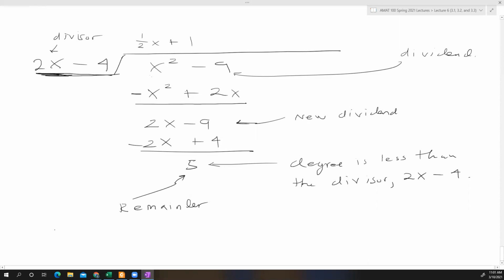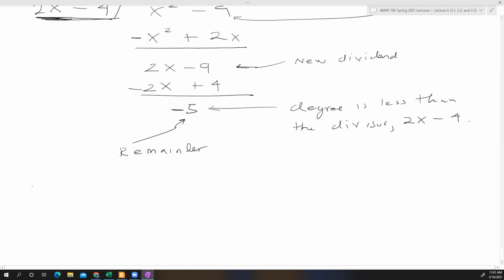So what that means, I'm sorry, it's actually -5. So what that means is that you can write the function, which is equal to, what was it?